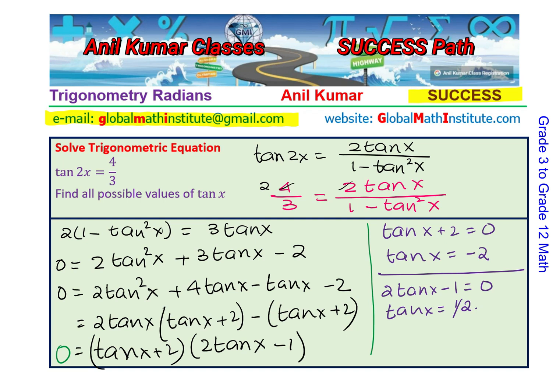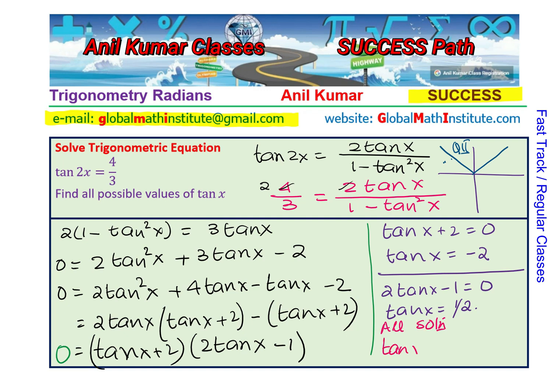Remember, what we did here was that tan x, we have assumed that it is in quadrant 1, right? But tan x could have been here also, correct? In quadrant 2. So in quadrant 2, the values would be reversed. So you have to write both the values, right? So therefore, as you know, all the solutions will include for tan x plus and minus half and plus and minus 2.